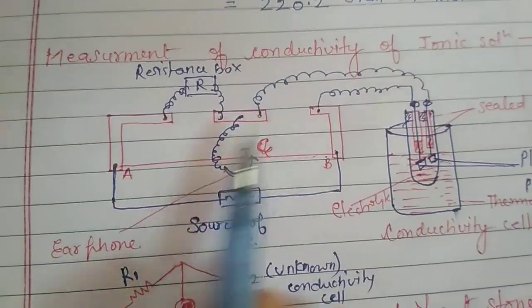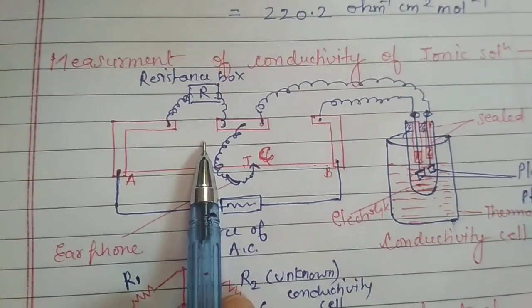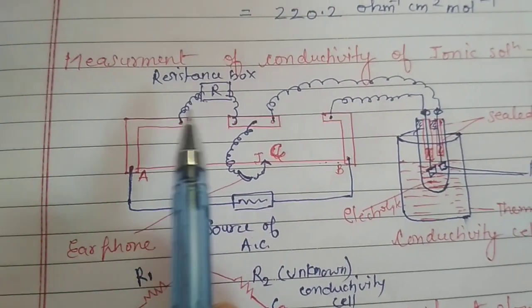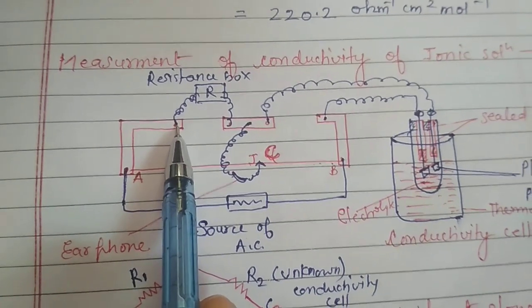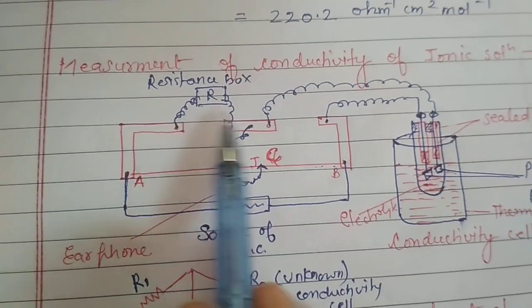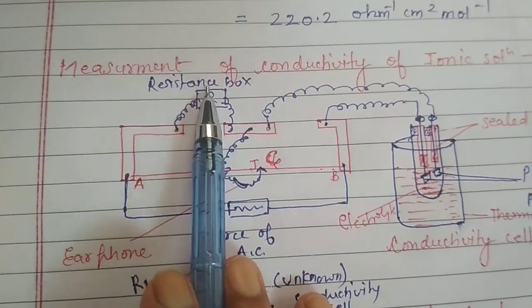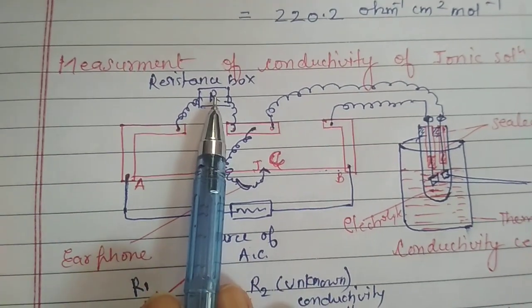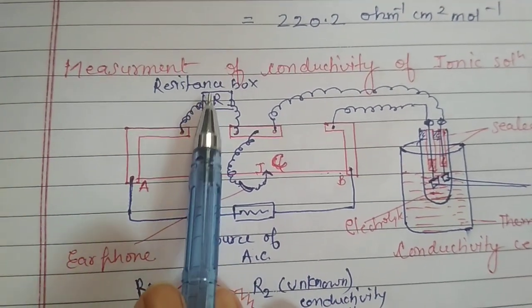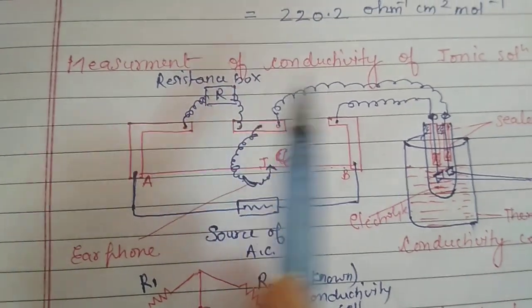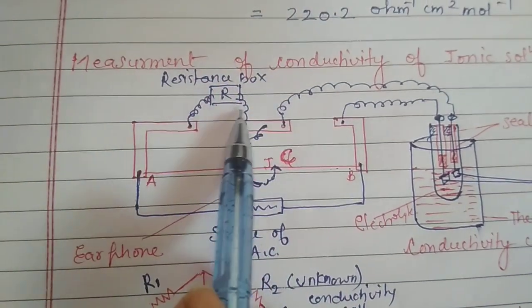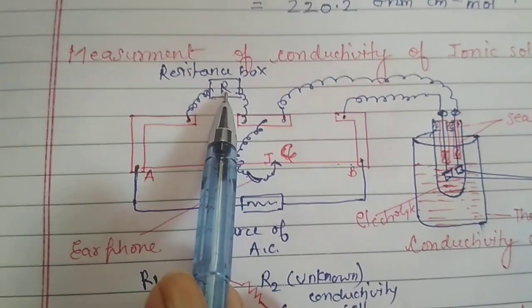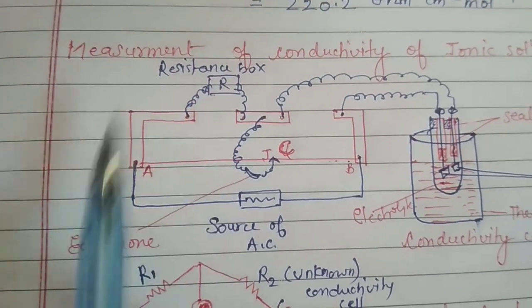Now in this apparatus, as we are able to see, there are some connections. The connection would be like this, that here we are to take the resistance box that has variable values. According to our will, we can take the resistance, we can change the resistance.